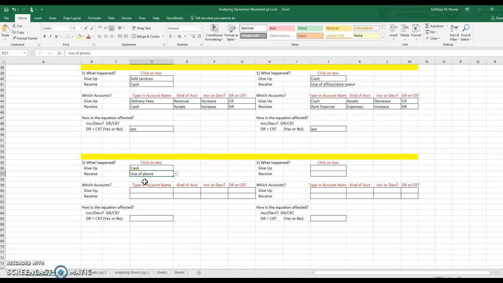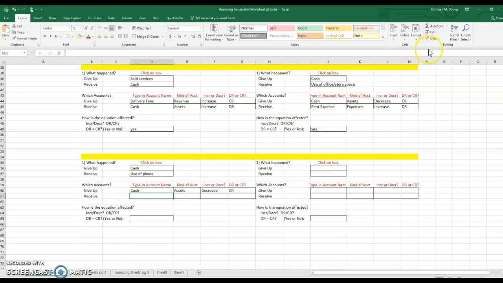If we don't pay for the phone, we don't get to use the phone. Okay? So which accounts for the give up? It's going to be cash. We know that's an asset. We had to pay it out, so that's a decrease. I have a decrease of an asset, which is opposite of increase, so that's credit.